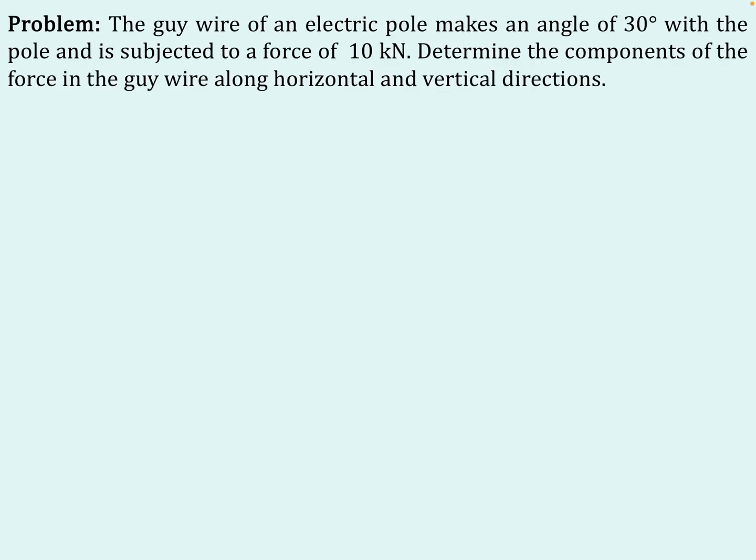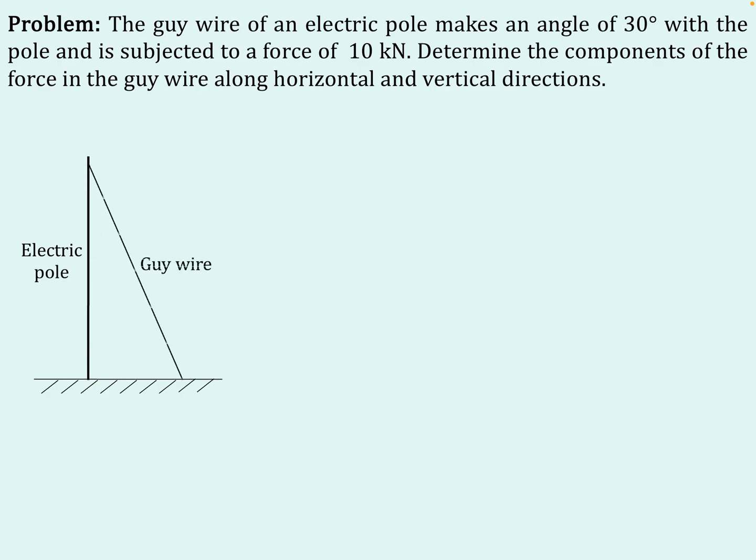The statement of the numerical problem is like this: the guy wire of an electric pole makes an angle of 30 degrees with the pole, and it is subjected to a force of 10 kilonewtons. Determine the components of the force in the guy wire along horizontal and vertical direction. So we know that the electric pole is vertically embedded in the ground.